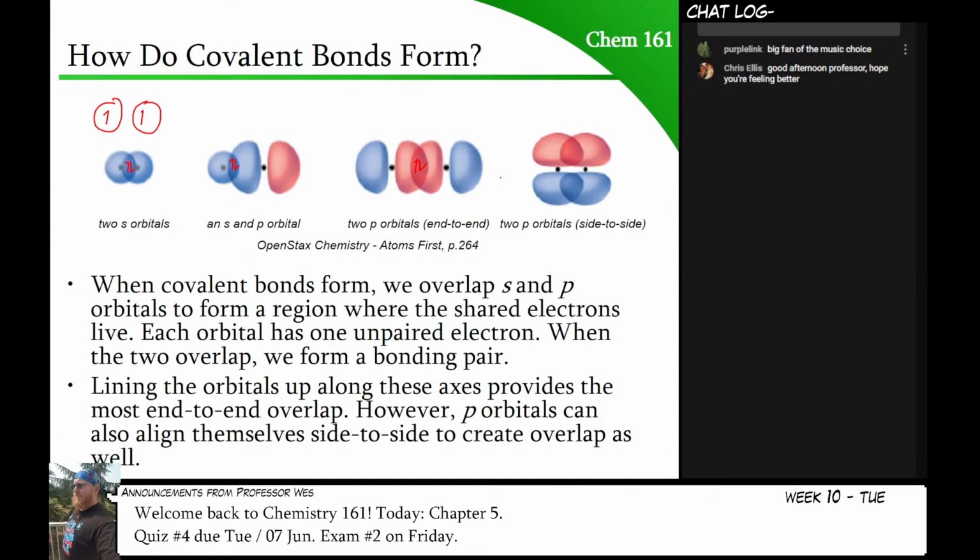If I take 2 p orbitals, and I make them perpendicular to the axis that I have my nuclei running along, and those 2 p orbitals are both parallel to each other, then interestingly, they overlap in the middle. Right here.